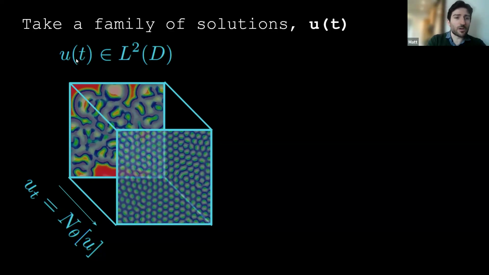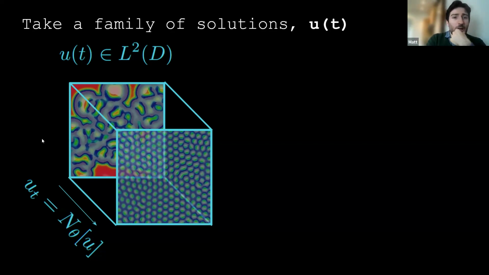And so this traces out some curve in an infinite dimensional space of, let's say, well-behaved functions. There's a lot of math bookkeeping to do, but you can think of them as just well-behaved in some bounded domain in, let's say, L2. Here we have an example of some initial condition evolving in time towards spots, okay? That looks like something you find on a lizard or something like that.